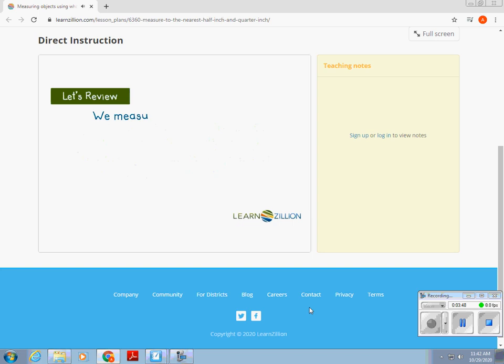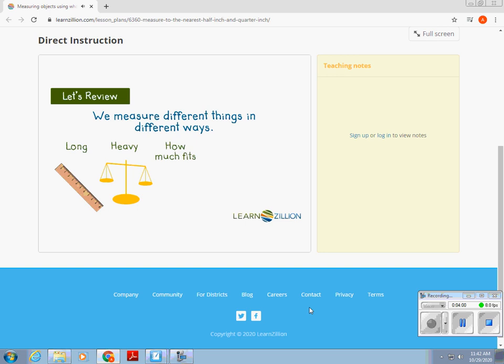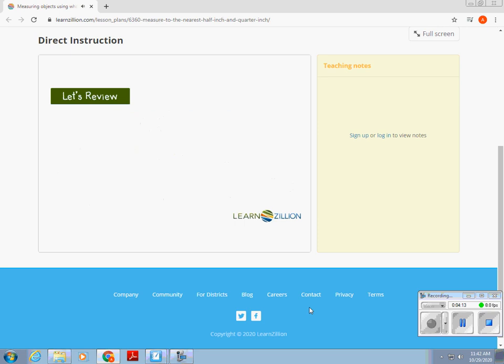Let's review. We measure things in different ways. We can measure how long something is, how heavy something is, how much fits inside, how much time has gone by, and what value something has. We use different tools to measure in different ways.